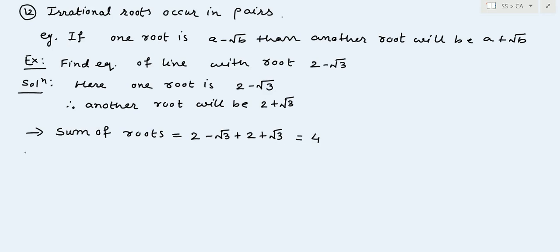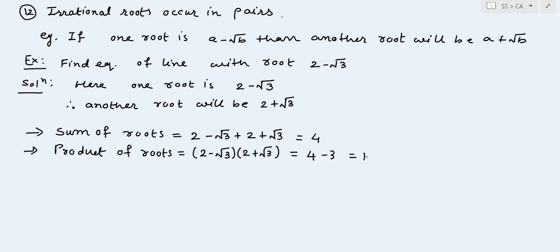Now, what is product of roots? Product of roots equal to 2 minus root 3 multiplied by 2 plus root 3. Okay, so a minus b, a plus b will be a square minus b square, means 2 square, 4 minus root 3 square is 3, and it is equal to 1.